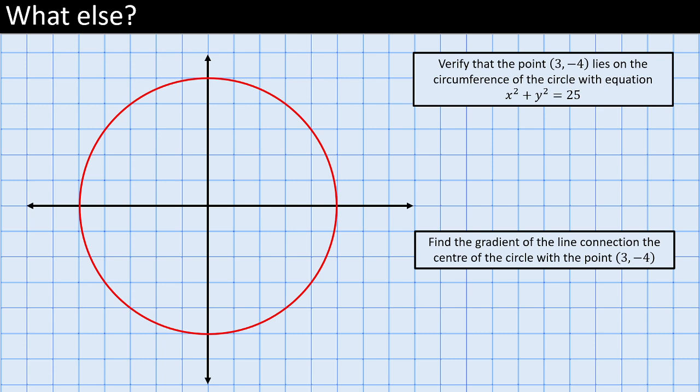Okay, the next logical step for me in thinking about circles is to move away from the drawing and instead to think about the algebra. Now, the algebra with this normally thinks about gradients and kind of the lines that you could draw within your circle, or checking to see if a point is on a circle.